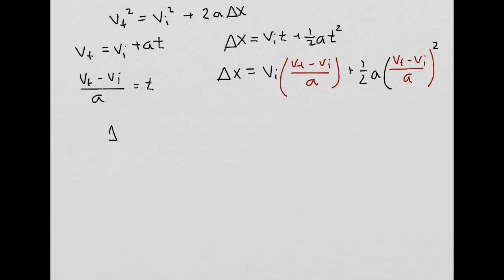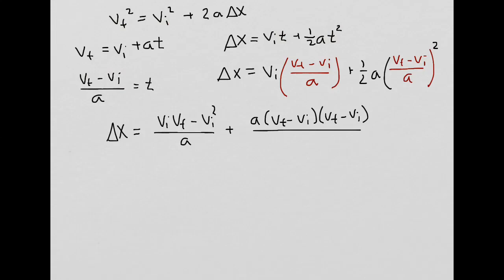So I get delta x, oops, distribute in the vi, so vi vf minus vi squared all over a. So I distributed in the squared and put the 2 on the bottom.